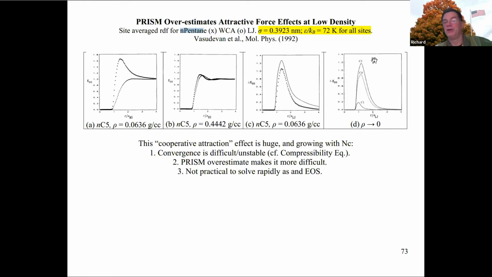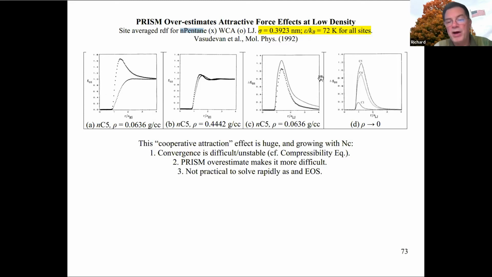What happens when we go to decane, dodecane, C80? Okay, so it just looks like this cooperative attraction effect, as we called it, is becoming so large that if you want to study what's going on at all densities for a complete equation of state, then that's going to be very difficult.